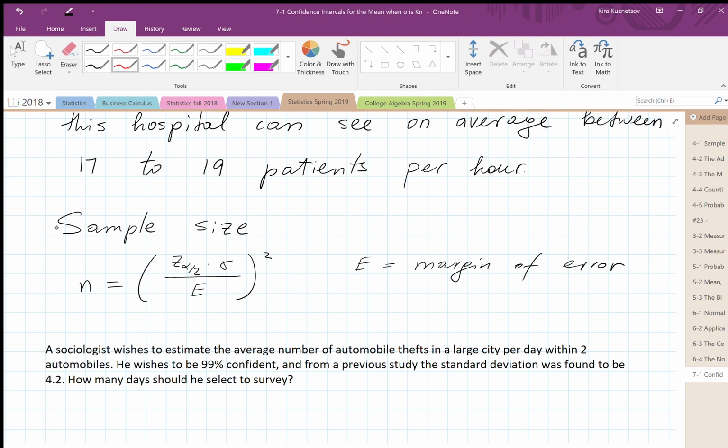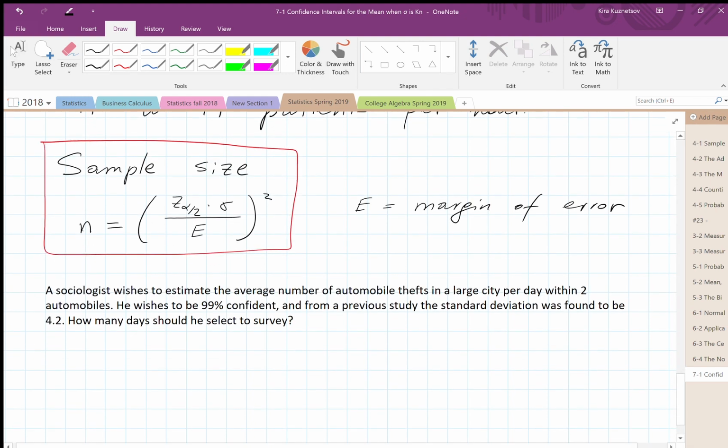I would like to box this formula because this one is not programmed into your calculator. This is something that you have to do on your own. So what this allows us to do is to figure out the sample size necessary in order to go through estimations. If we have information, like in example 7-4, where we're given everything that is necessary in order to find the sample size.